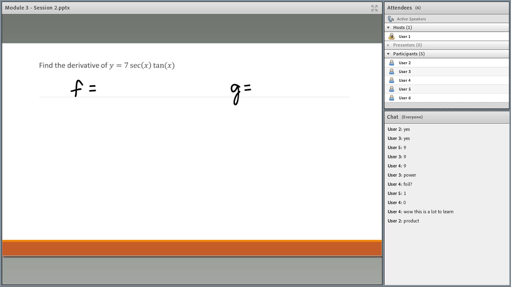What about the 7? Well, the 7 we could leave out at the front and just remember to distribute it through later. What I usually do with a constant is I just put it with one of the functions. So I'll put the 7 with the secant x, and that way I don't have to remember later that there was a 7 and I needed to distribute it somewhere.